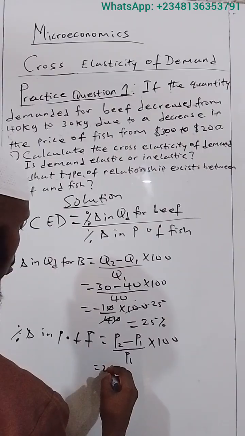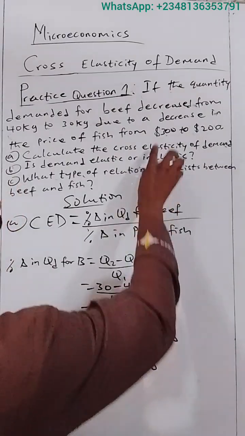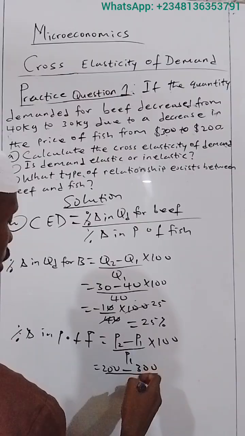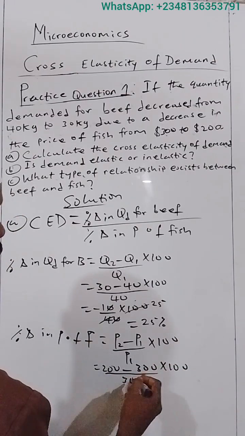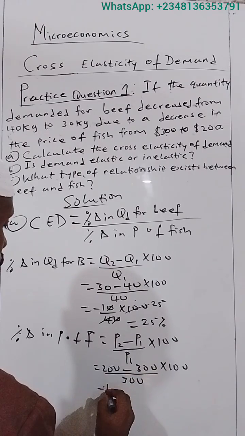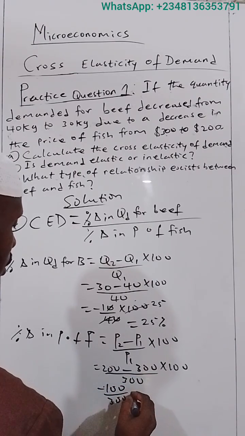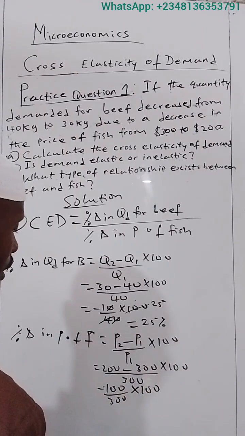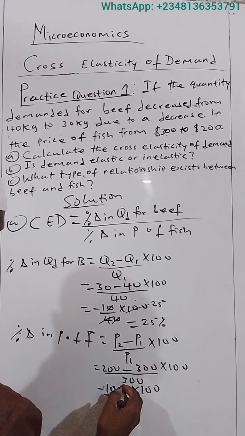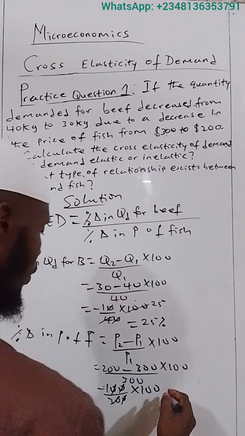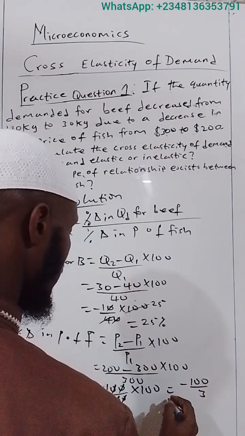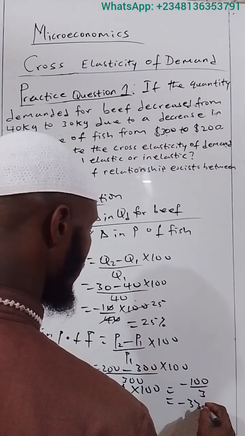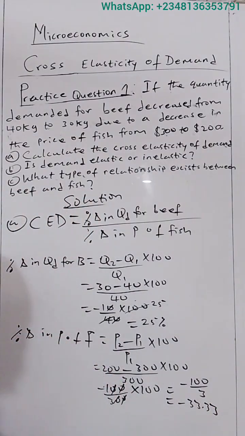So we have 200 minus 300, which is the initial, divided by the initial, 300, then multiplied by 100. So 200 minus 300 is minus 100, divided by 300, multiplied by 100. Here we are left with minus 100 divided by 3, which is equal to minus 33.33.